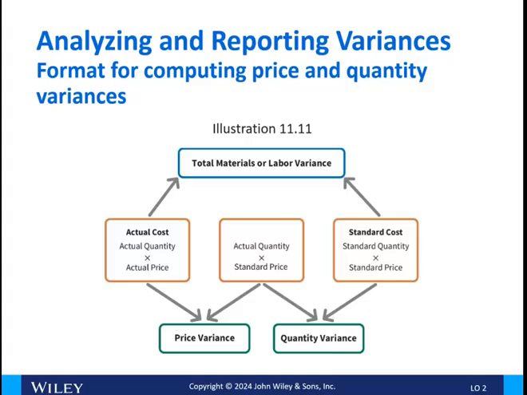Okay, so in each of these, we're keeping one thing constant. In the price variance, we keep the quantity constant at the actual quantity, change the price, see what that variance is. To get the quantity variance, we keep the standard price the same, and we apply the actual quantity and the standard quantity. And then that difference in quantity is going to give us our quantity variance.